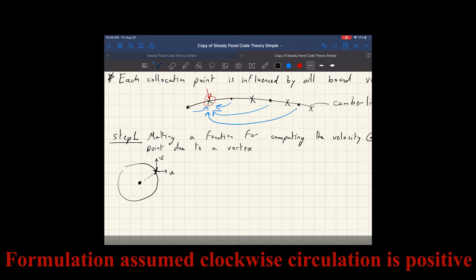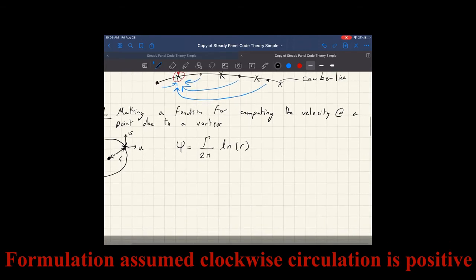So to start off, I'm sure you guys have gone over this, but we can start with the stream function of a vortex, which is given by gamma over 2 pi natural log of r, where gamma is the strength of the vortex and r is the radial distance between the vortex and a point over which you'd like to get the velocity.